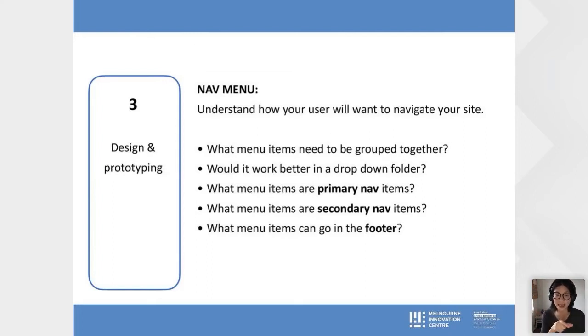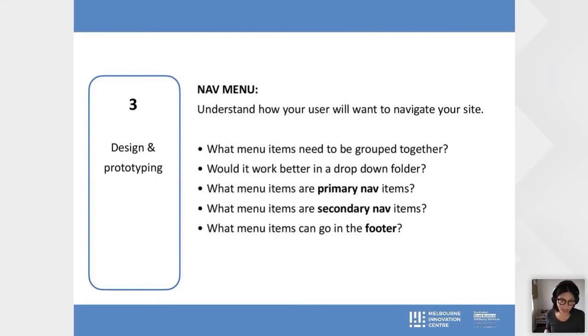So ask yourself, what menu items need to be grouped together? Would it work better in a drop-down folder, or as single individual menu items? What menu items are primary navigation items? What are secondary navigation items? And what menu items can actually go in the footer?